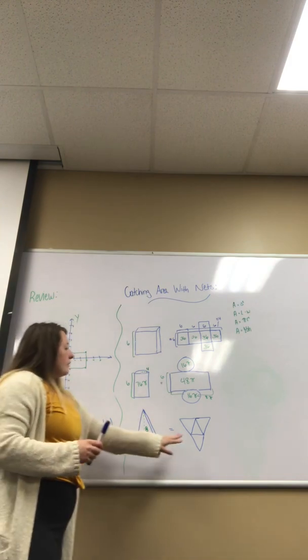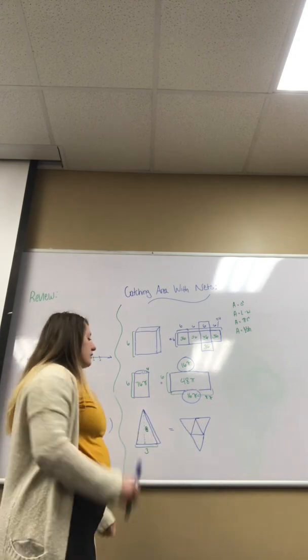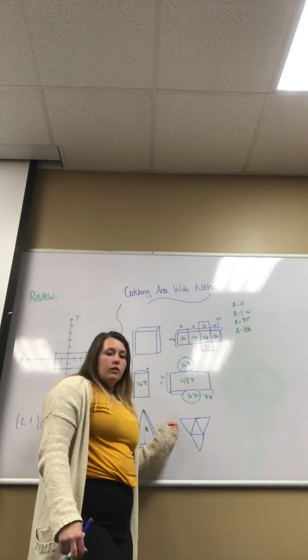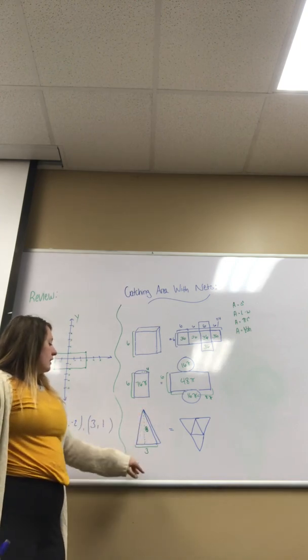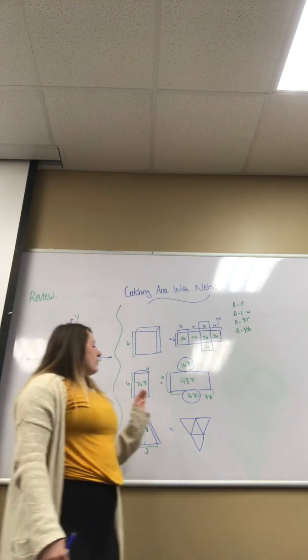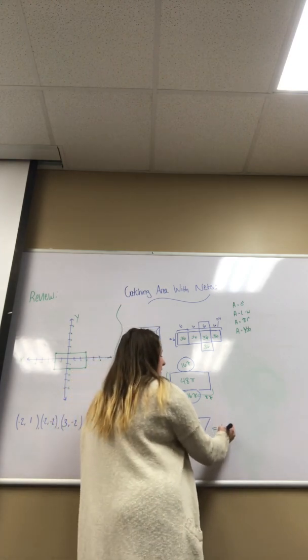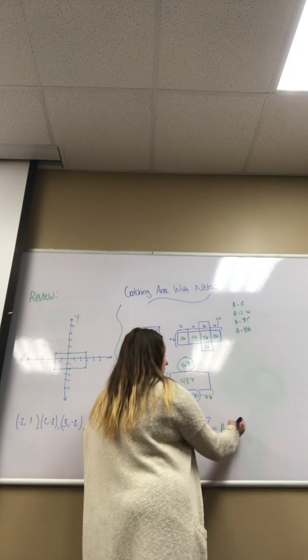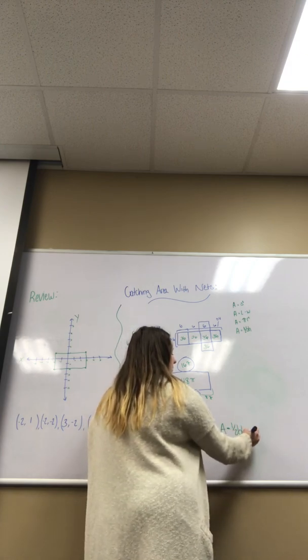So for this shape, we're going to find the area of the triangles. And they're all equal, okay, a tetrahedron. They all have equal lengths, equal sizes, right? And so our formula for this is going to be A, area, equals half times our base times our height.